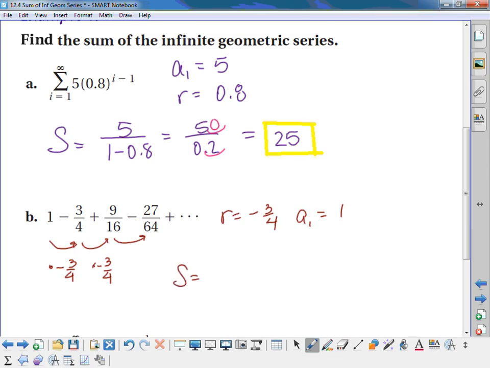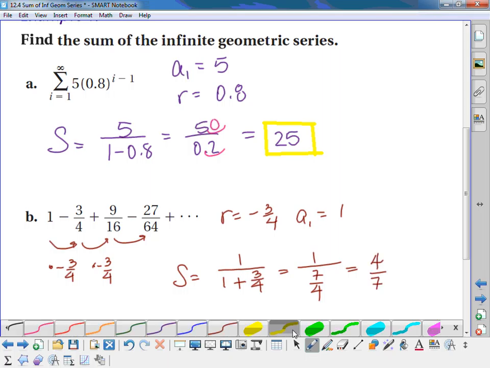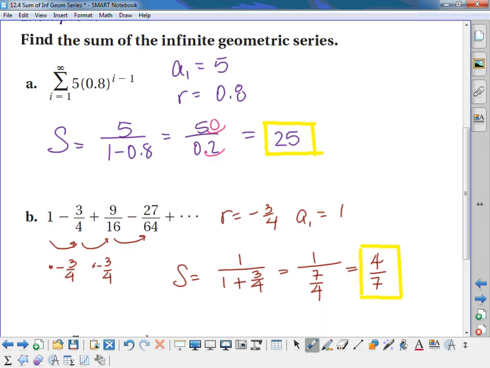So the sum would be 1 over 1 minus negative 3/4, which is plus 3/4. And 4/4 plus 3/4 is 7/4. When we divide by a fraction, that's the same as multiplying by the reciprocal, so 1 times 4/7. The answer is 4/7. Not too bad, huh? Okay. Any questions so far?